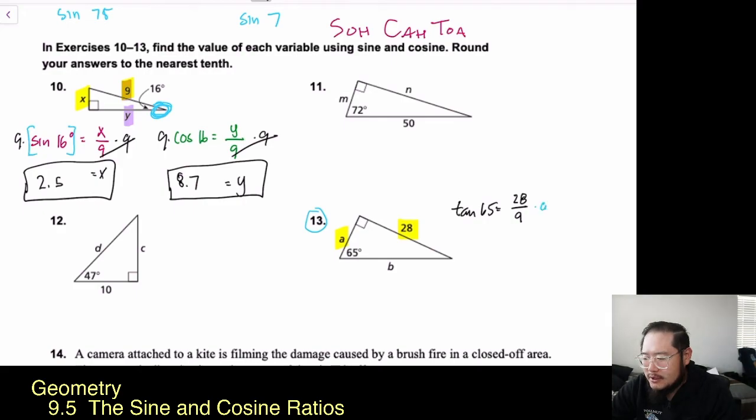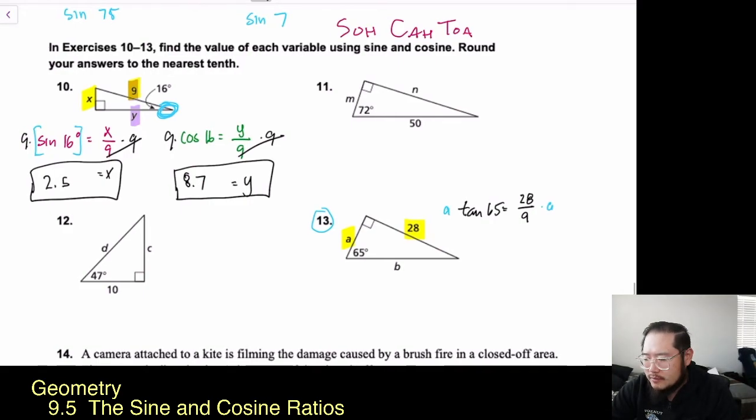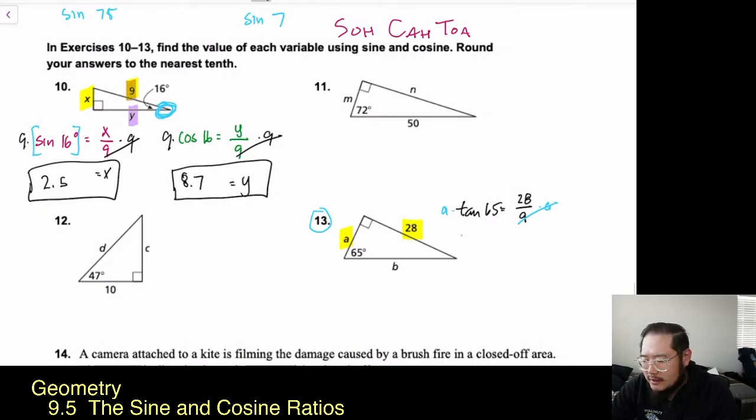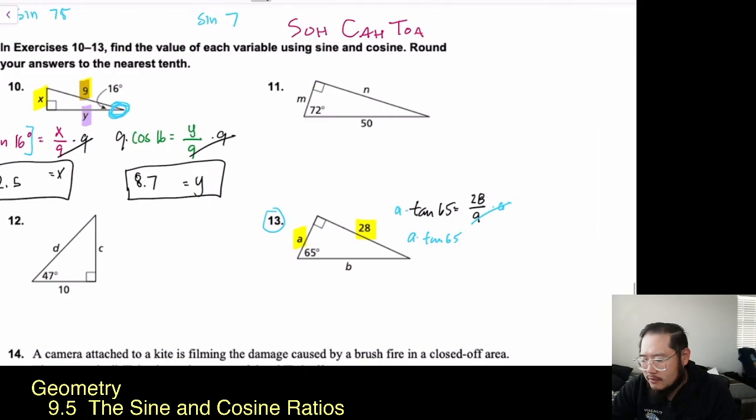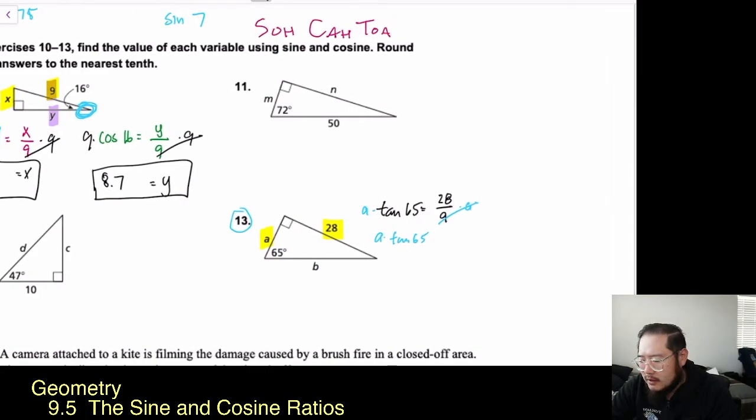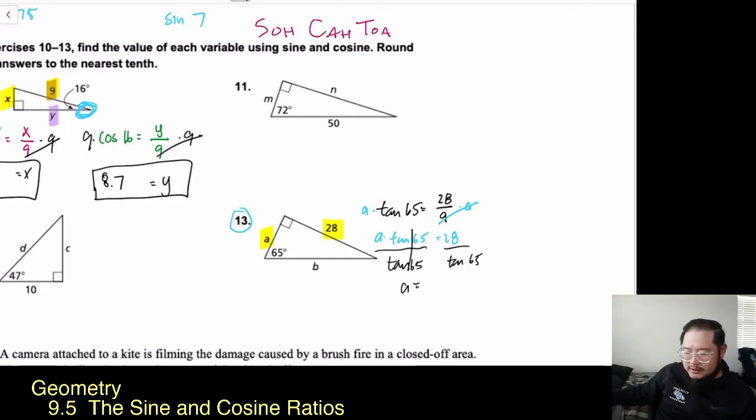We'll multiply both sides by A. We get A times tangent 65 equal to 28. I now have to divide both sides by tangent 65, and A is equal to 28 over tangent 65.